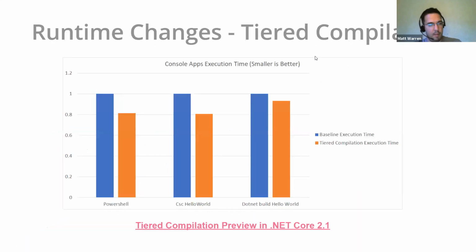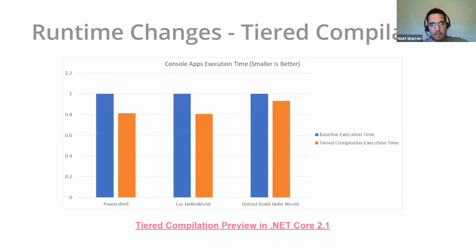Another one that's maybe more clearly performance improvements is something called tiered compilation, and this again is just in .NET Core. It was available since .NET Core 2.1 as a preview, so turned off by default. I believe this is still scheduled to be turned on by default in .NET Core 3.